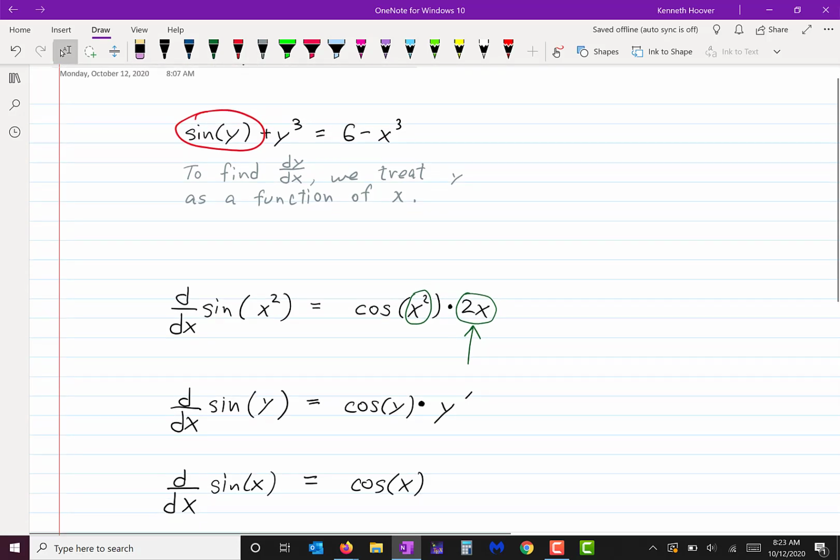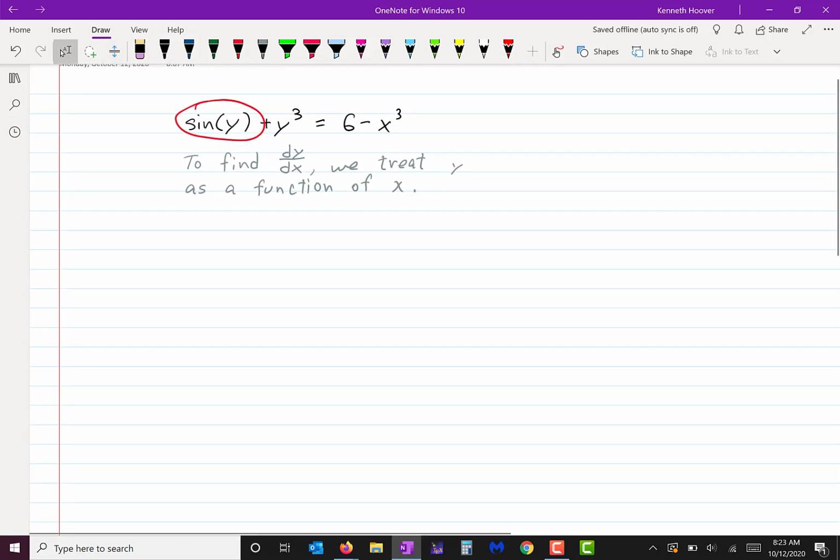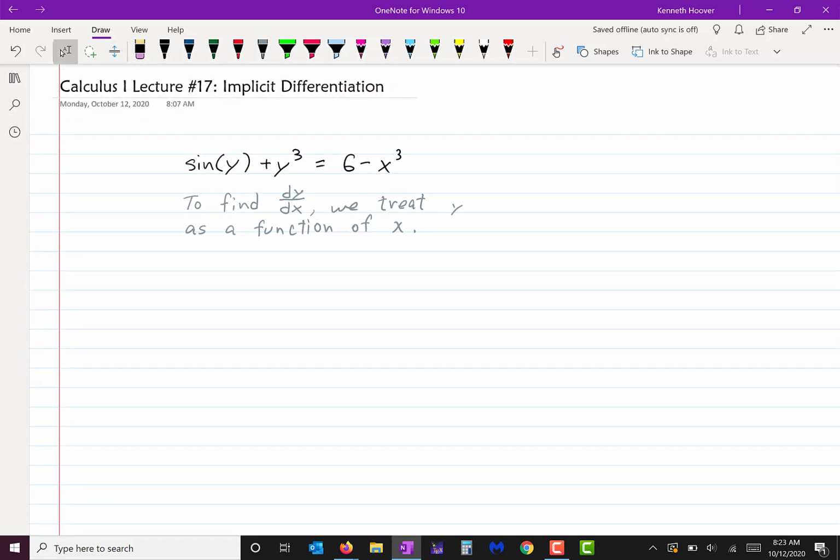Maybe, maybe not, right? Let's try it out. Let's find the derivative of y from that equation up there at the top. Okay, so we have cosine of y times y prime. We worked that one out down below.